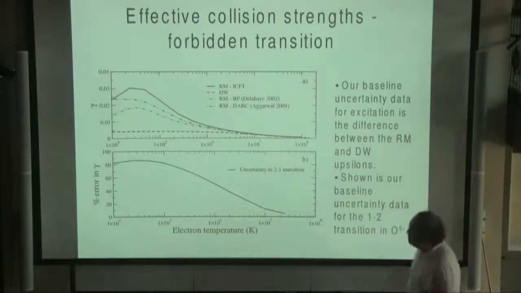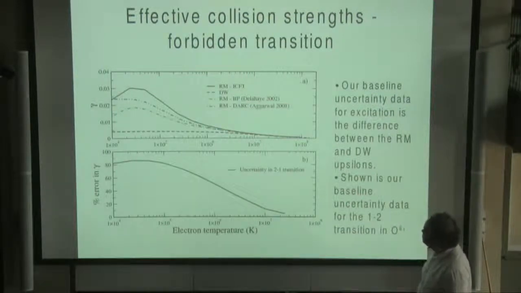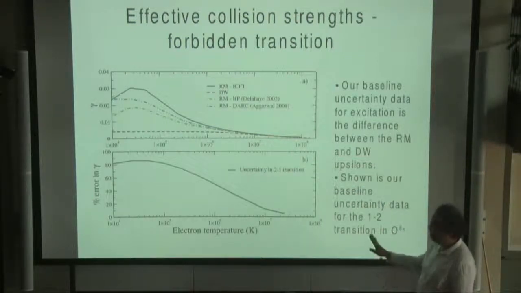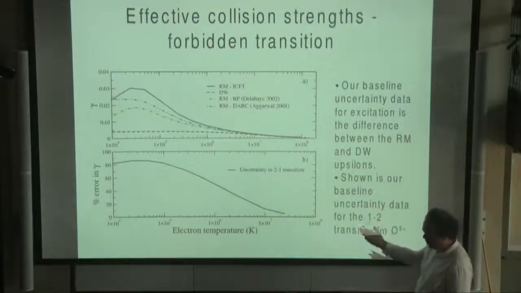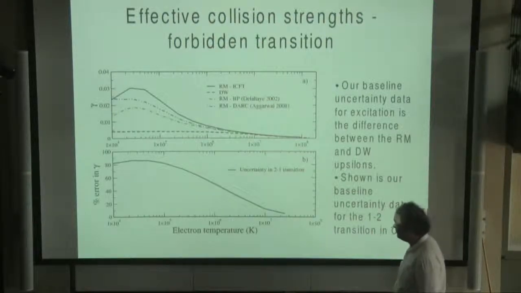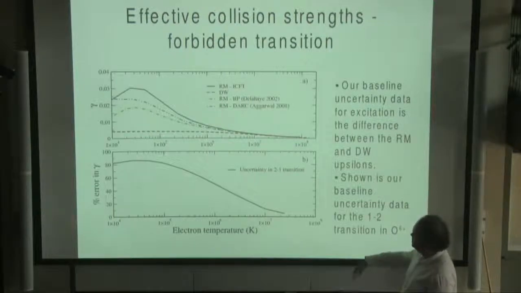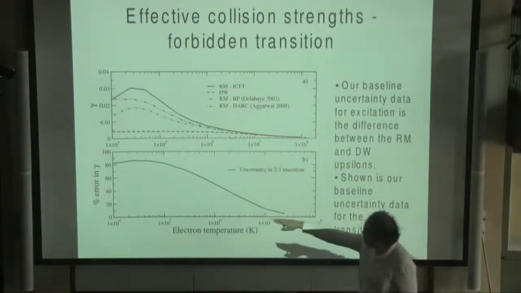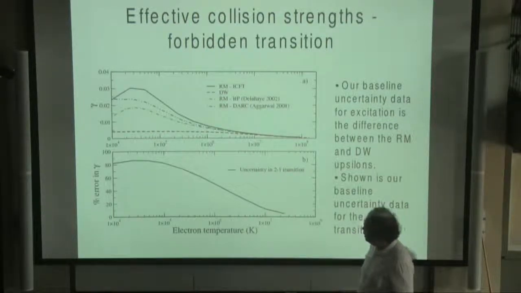The top graph here is our effective collision strengths from each of these calculations. The red line at the bottom is the percentage error. This is not to abuse the distorted wave method, which obviously can include resonances, but we're trying to just generate a generous uncertainty. We can see that the percentage error at low temperatures can be as high as 80%.